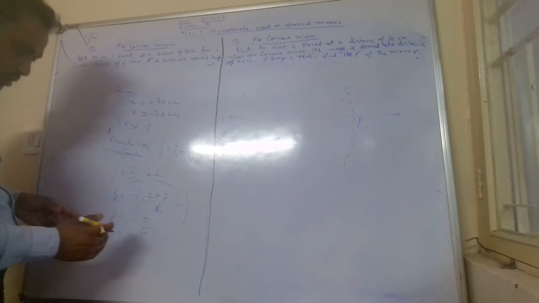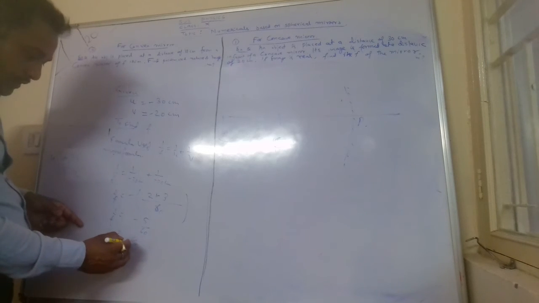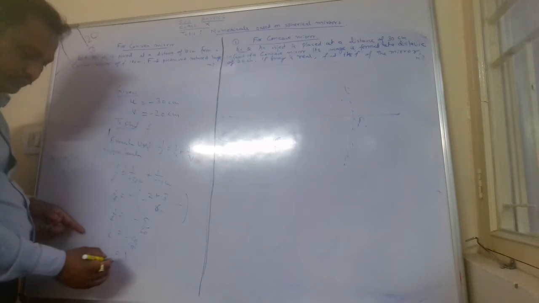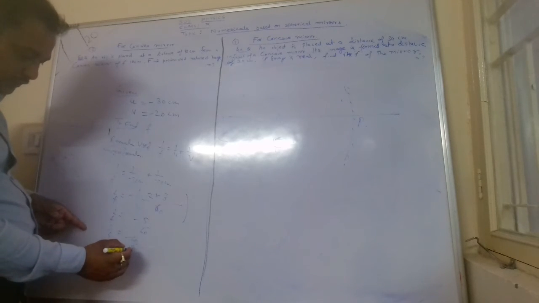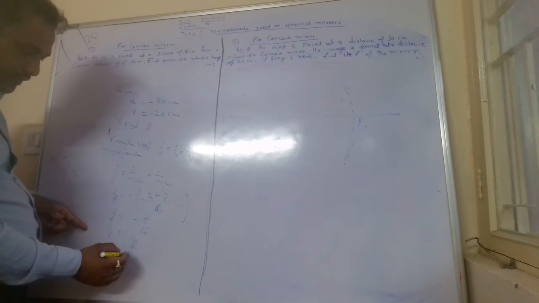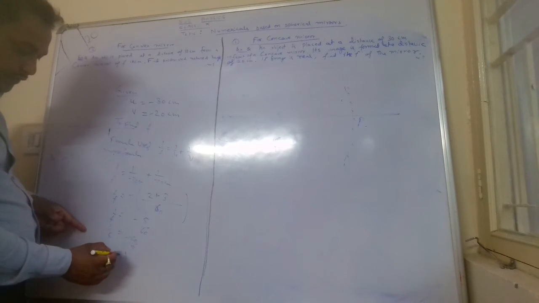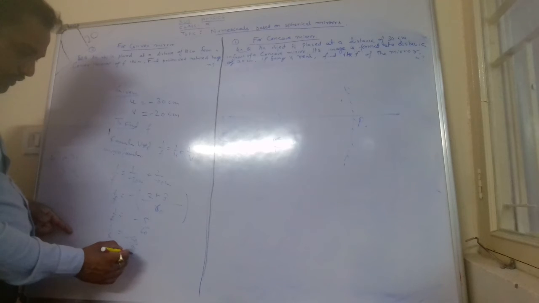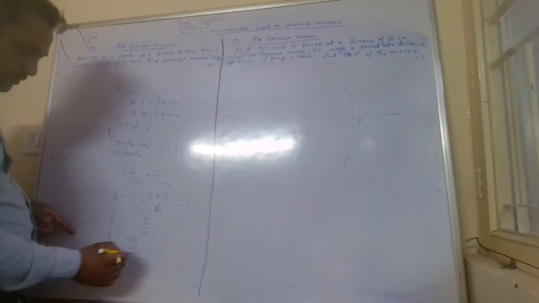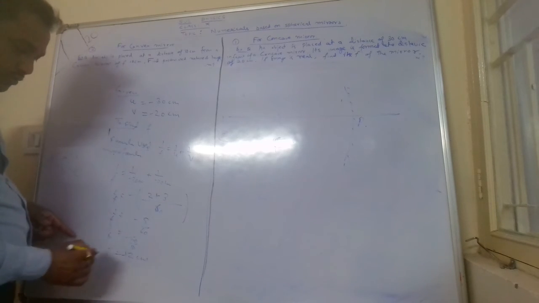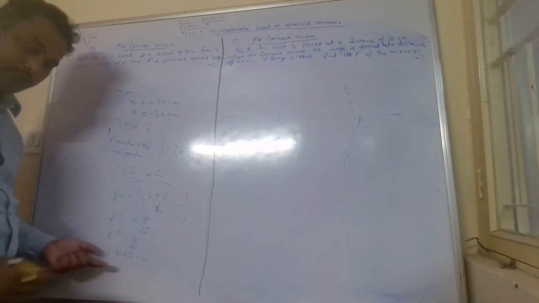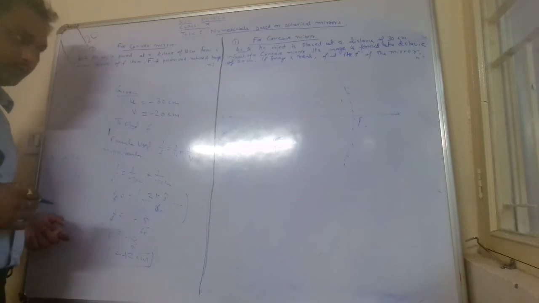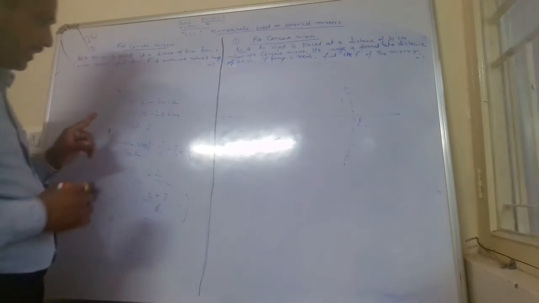Now we take the reciprocal of this, f is minus 60 by 5, which comes to 12 centimeter, and the minus sign you put here. So focal length is coming how much? Minus 12 centimeter.